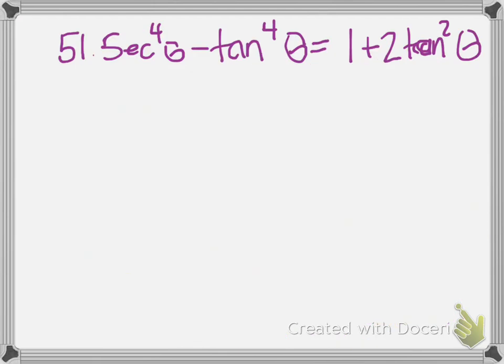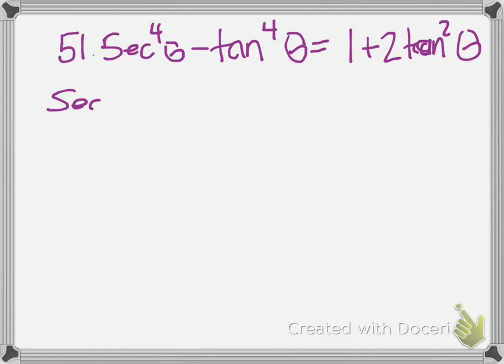Alright, so now we can look at 51. If you see, on the left side I have 2 things to the 4th power. In my identities, I don't have many identities to the 4th power, so we notice it's a subtraction sign, so it's a difference of perfect squares. So let's rewrite this left side.